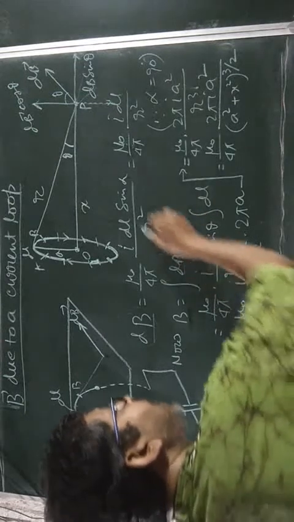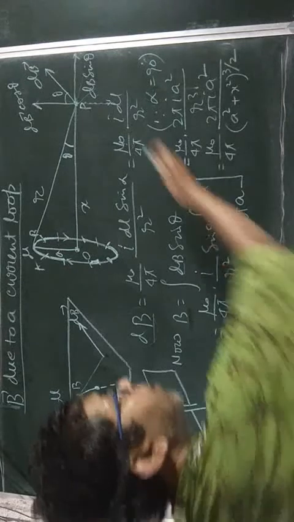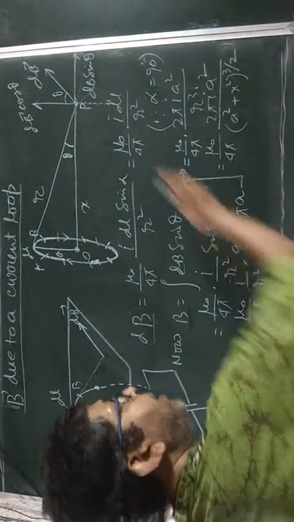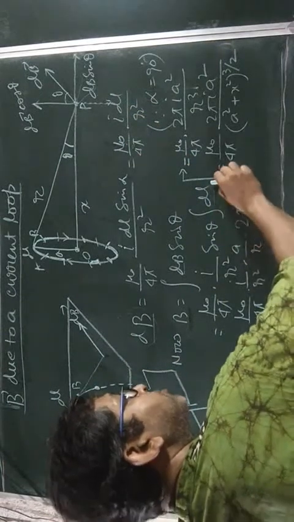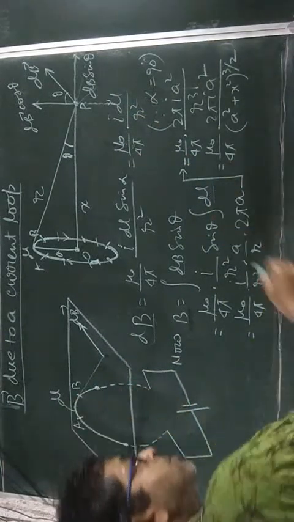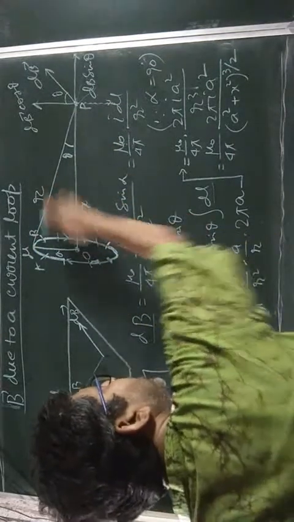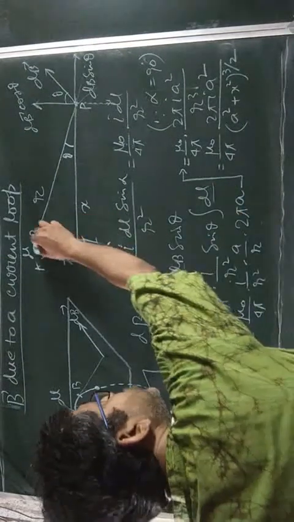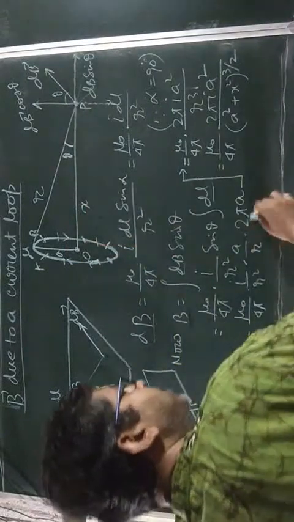Now dB's value is put here, mu naught upon 4 pi I by r square, times sin theta, and only dl will be under integration. Sin theta is a by r from this triangle, perpendicular by hypotenuse, and if you join all dl's, you will get the total circumference, that is 2 pi a.